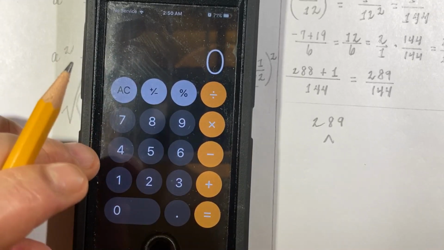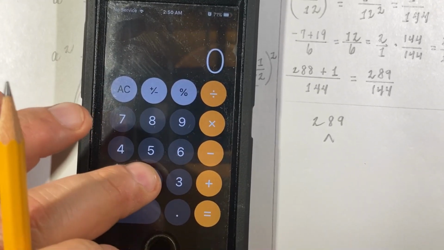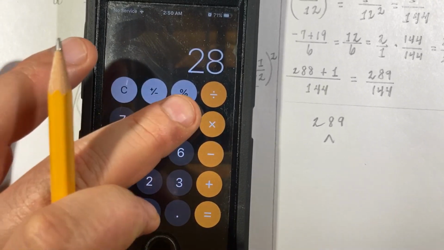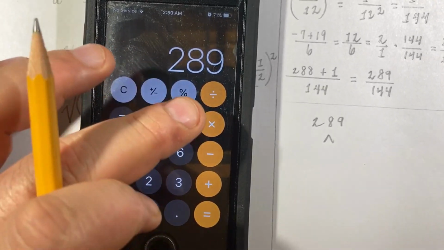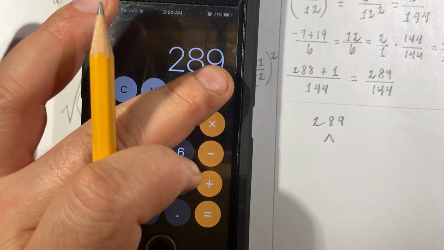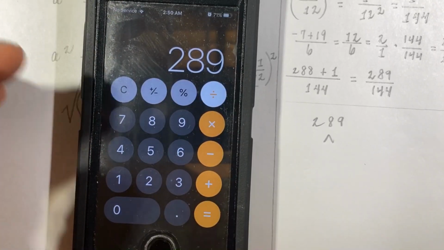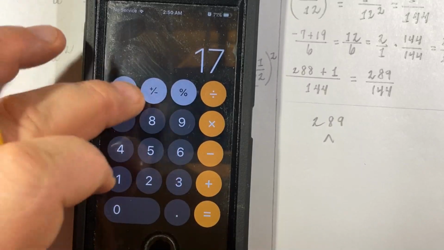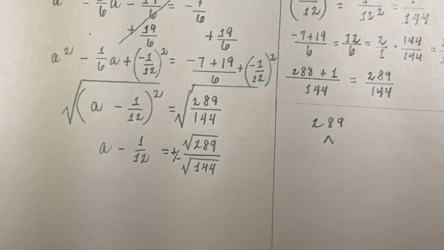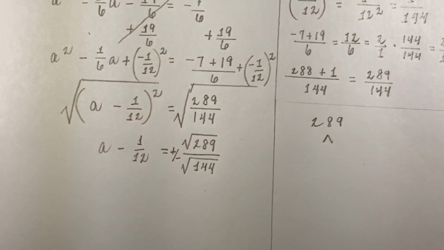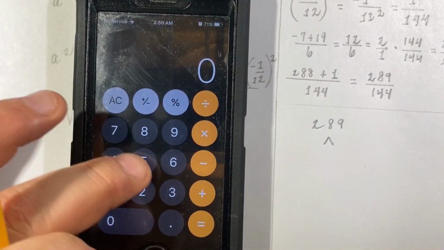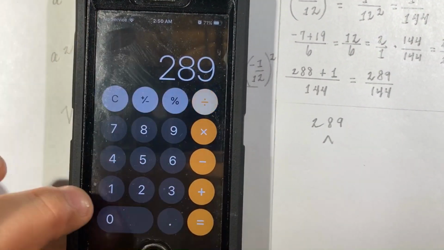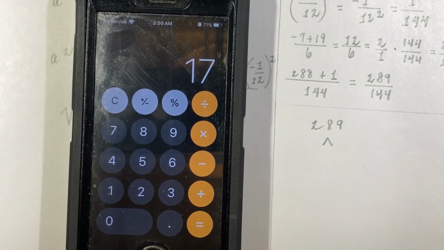What could it be here? 289 divided by, can't be 17. It is 17. Okay. So 289, this was a tough one. 289 divided by 17 equals 17.